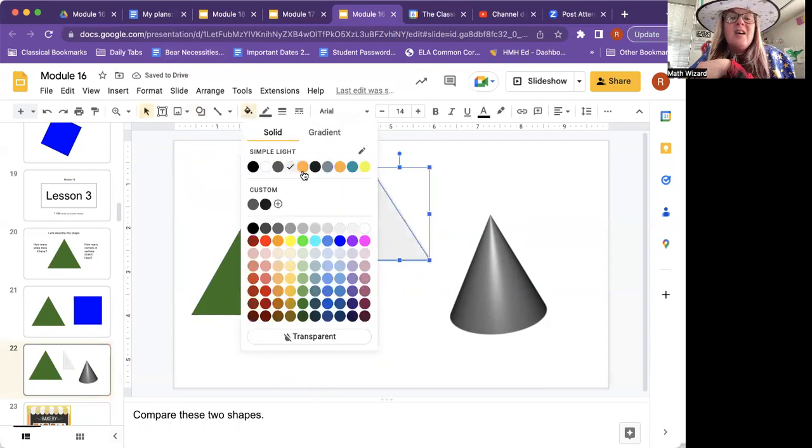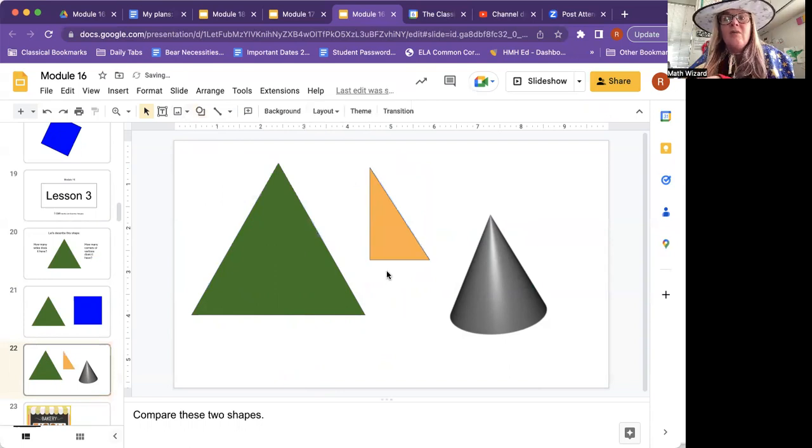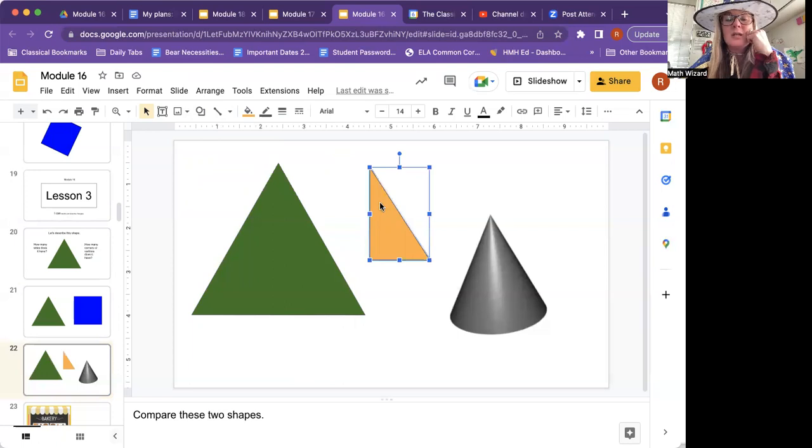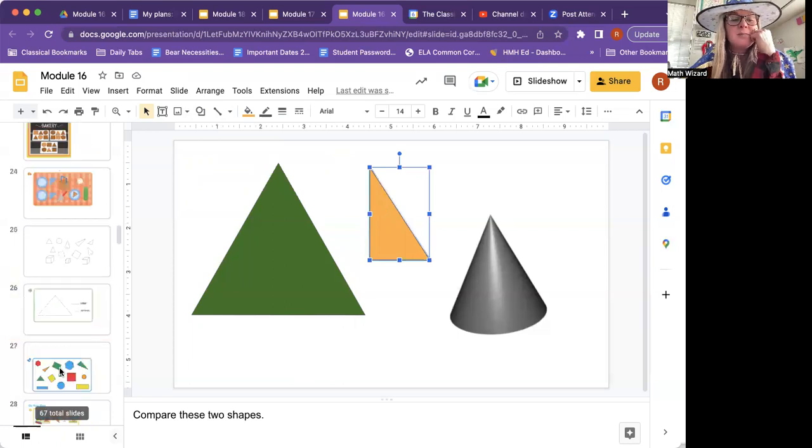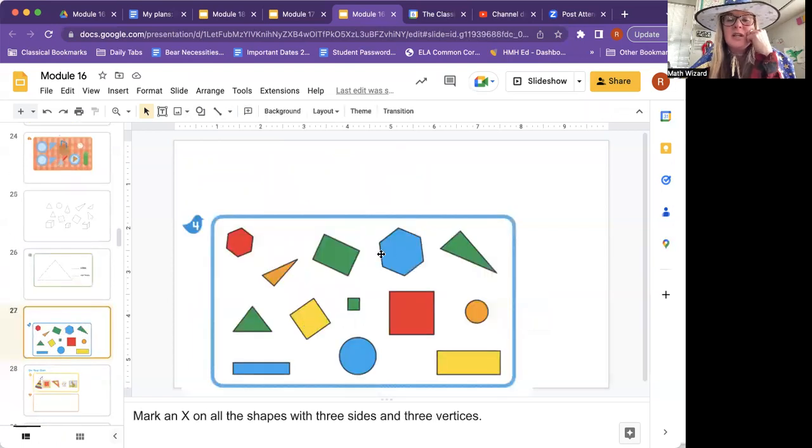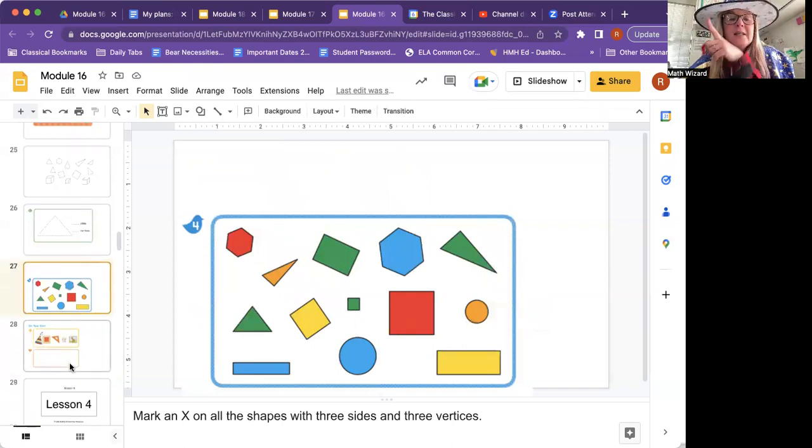And this is also a triangle. How many sides does it have? 1, 2, 3. And how many vertices? 1, 2, 3. So even though it's not shaped like a tent quite, right? It is still a triangle because it has 3 angles and 3 sides, 3 vertices and 3 sides. All right. So keep that in mind as you're looking at these. Some of them might be shaped a little different. Okay, pause this while you do that.